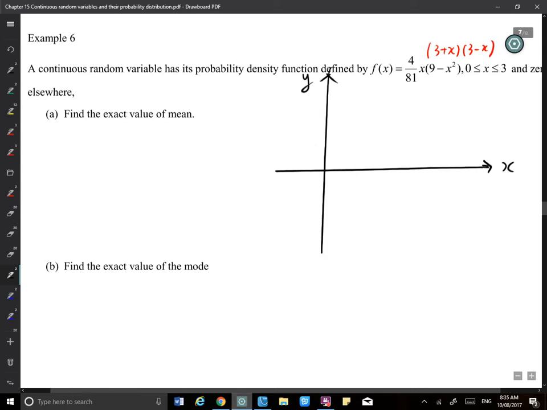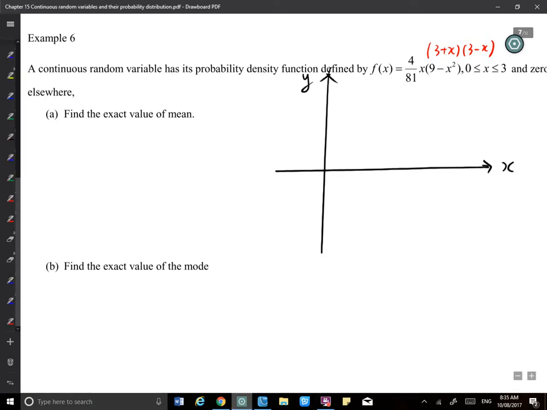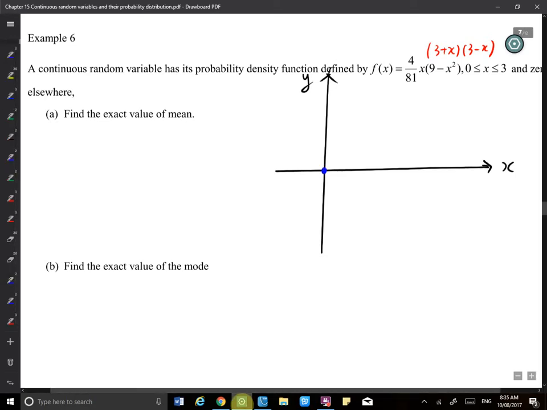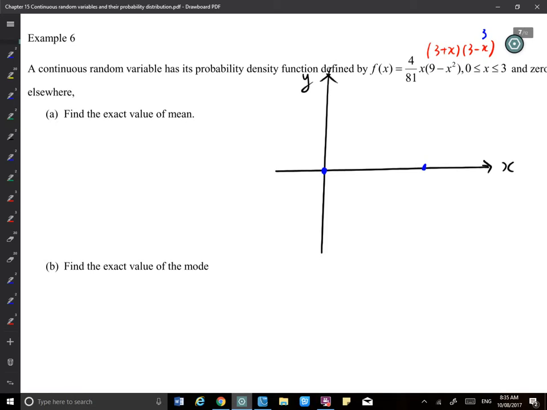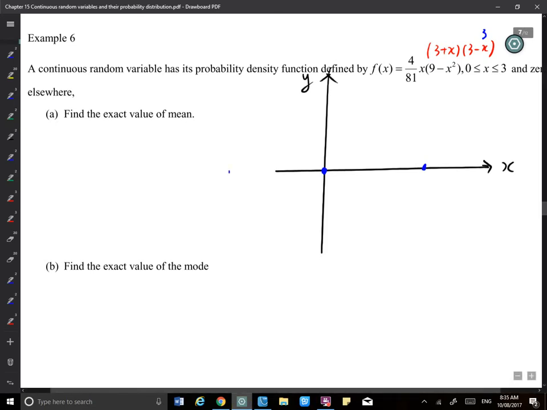I should have a point at 0, and I should also have a point at 3, because you have 3 as a solution. And you also have negative 3, but you're not going to have negative values. And this is a negative graph.